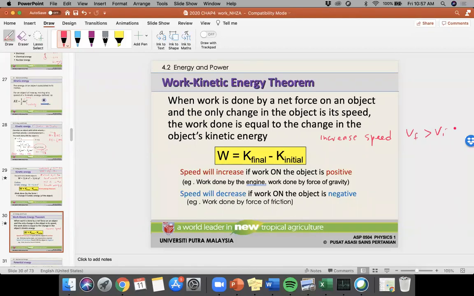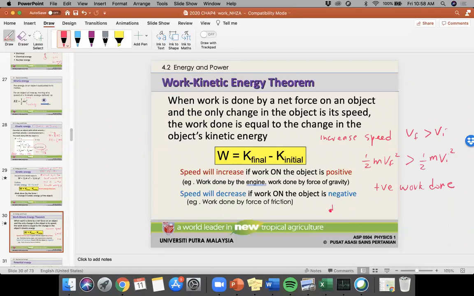So my final speed is greater than my initial speed. So if VF is greater than VI, then 1/2 mVF squared is greater than 1/2 mVI squared, or U, same thing. So K final minus K initial will give me positive work done.